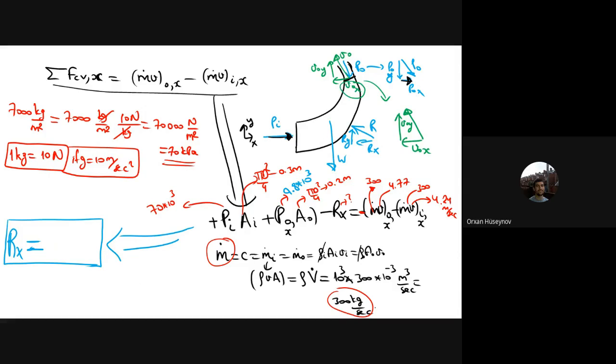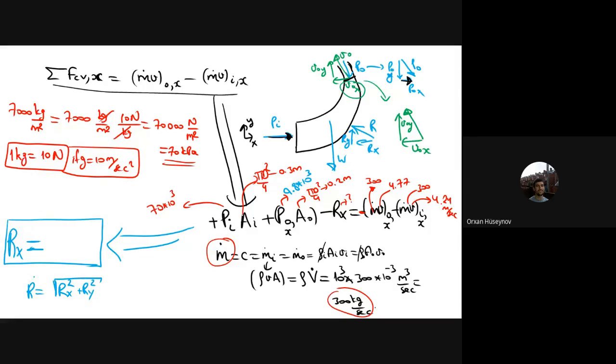So what is the value for the Rx? Let's wait for it. Yes, this part is clear. Value of Rx. So I've said it, the R value will be equal to Rx squared plus Ry squared.